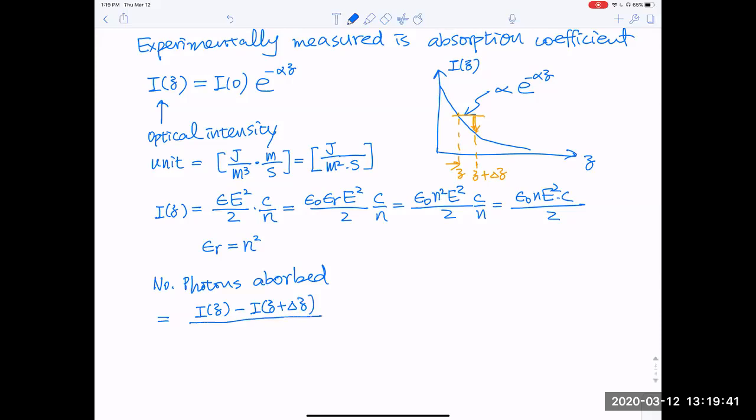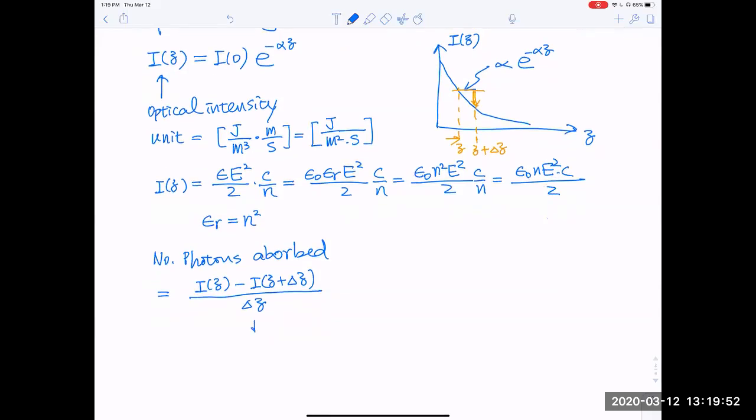And divided by delta z, okay? I itself is per unit volume, and you divide it by the longitudinal dimension. So this is basically joule per meter cubed, okay? And we would like to convert it to the number of photons, since that's what's in the R expression earlier.